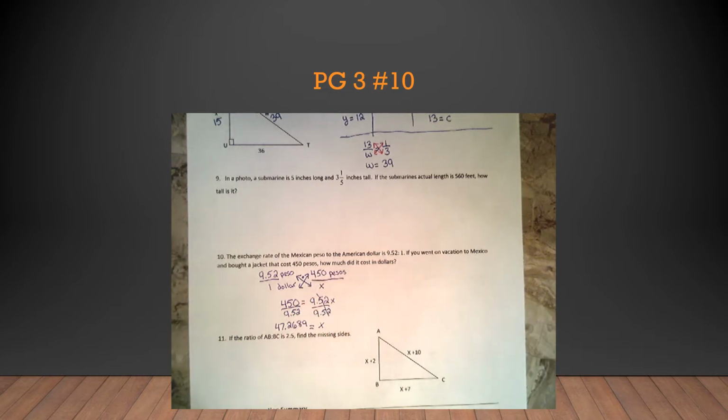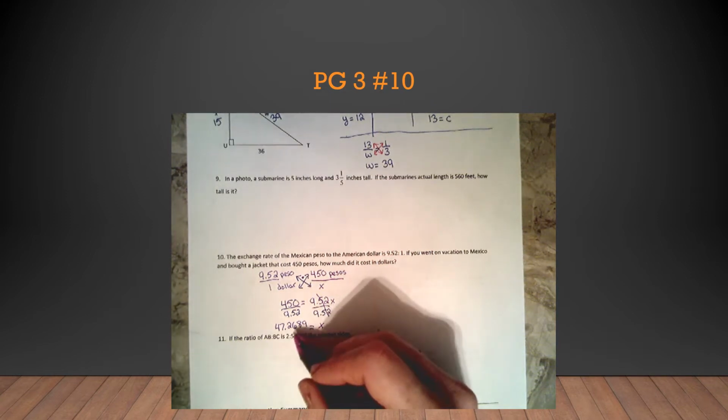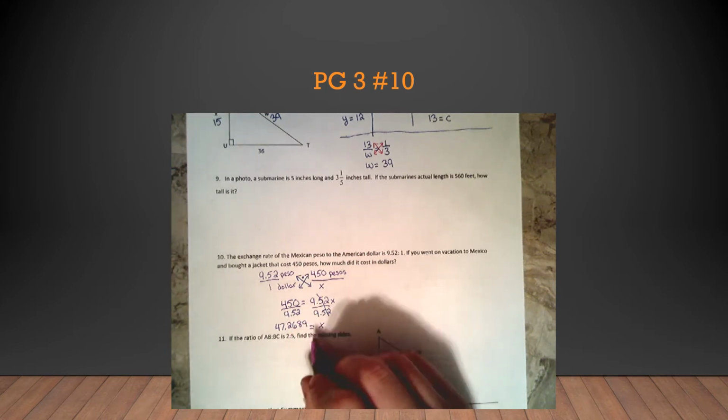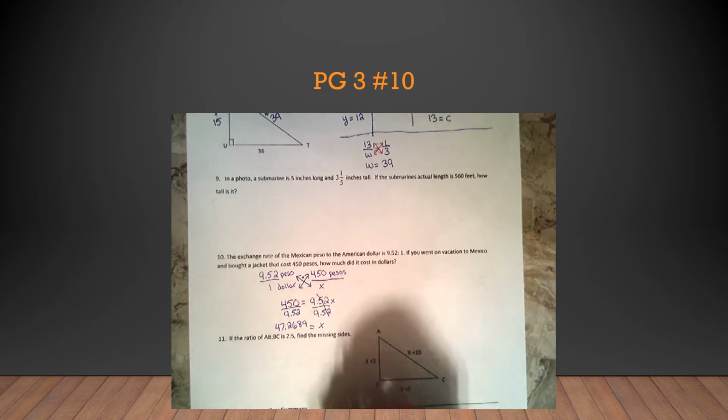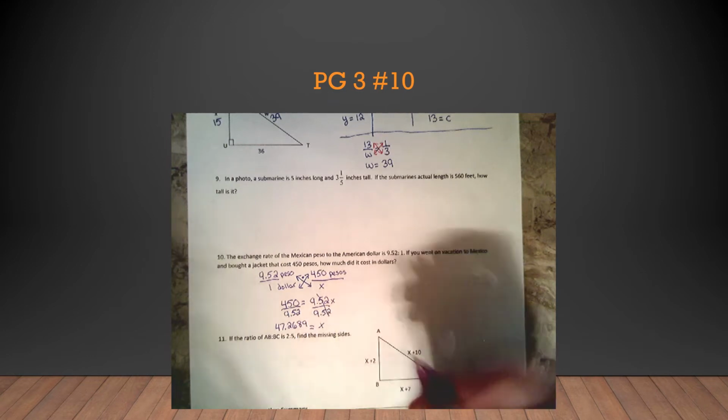47.2689. Now we're trying to make this into dollars. Whenever I have cents, I only go to the hundredths place. I don't keep going with my decimal. So I'm looking at 47.26.